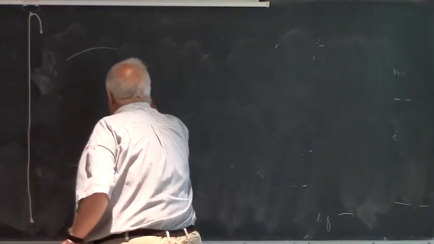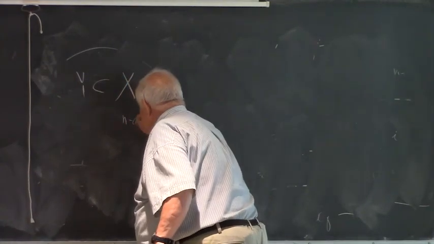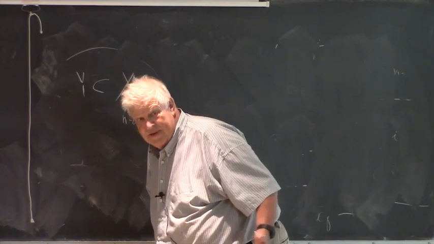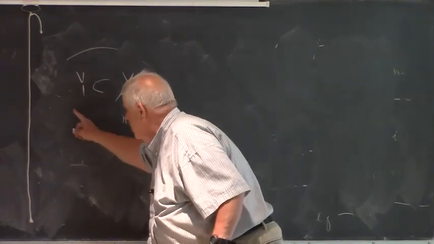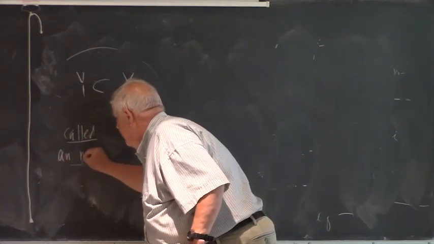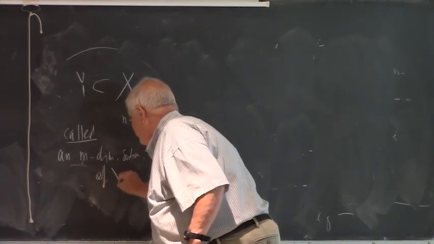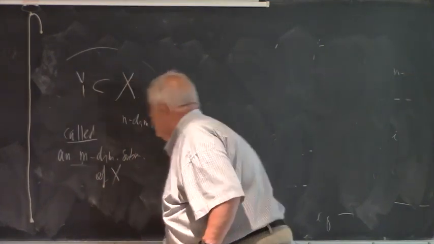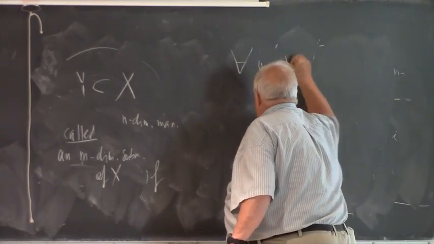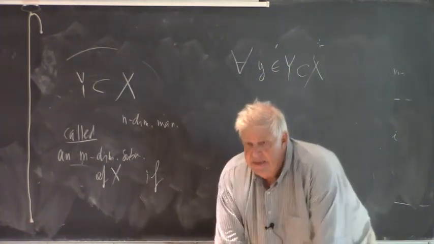So, we have X and we have Y. X is an n-dimensional manifold in the sense of our definition. Y is called an m-dimensional submanifold of X if for every point y of Y, which is also certainly a point of X, there exists a chart.